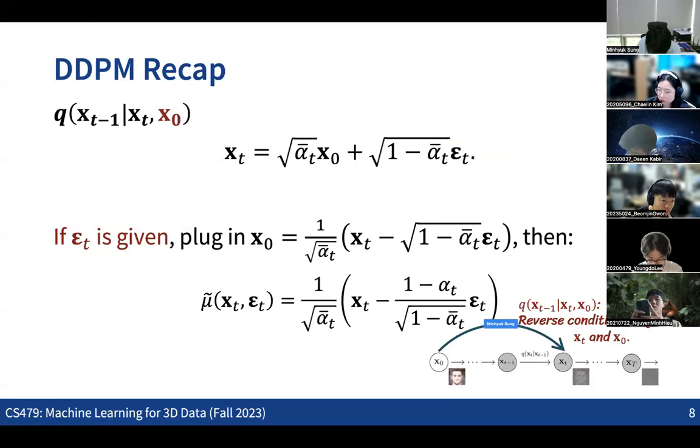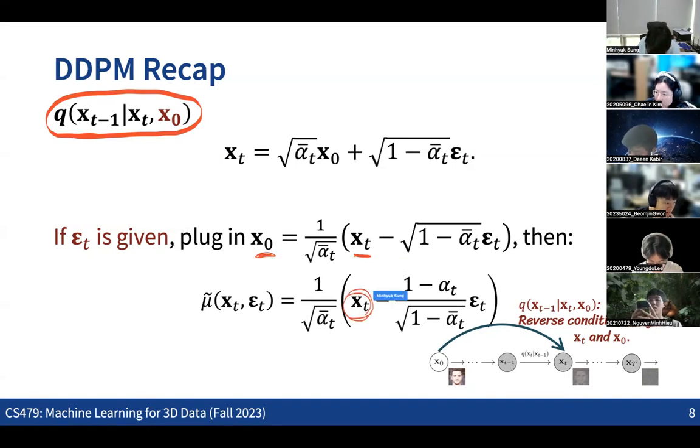So if we want to get the parameters of this conditional probability density function, the only information we need is either the pair of the xt and the x0, or the pair of the xt and just the epsilon t, because from the xt and the epsilon t, we can compute the x0. If we know the xt and the noise that was added to produce it, we can also guess the x0 that made the jump to the xt.